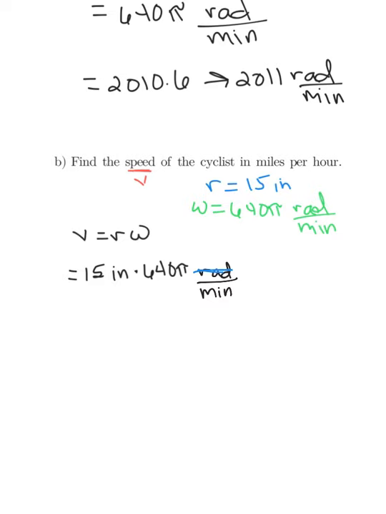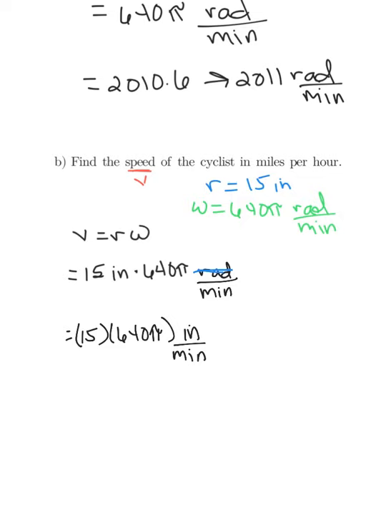So that's taken care of. Look at what we want for our label. We need miles per hour. So at this point, we have 15 times 640 pi, and we have inches per minute.